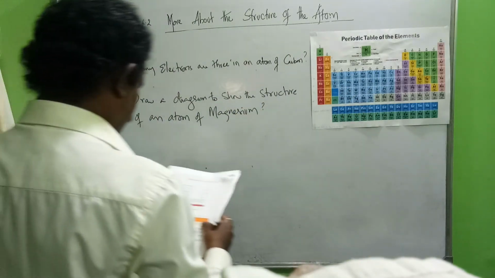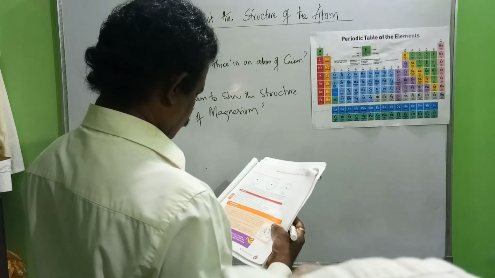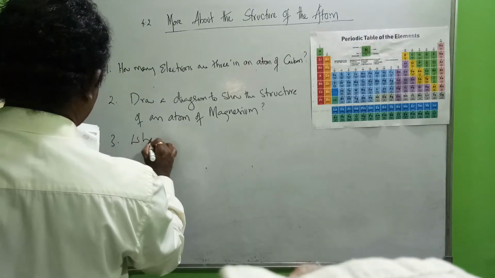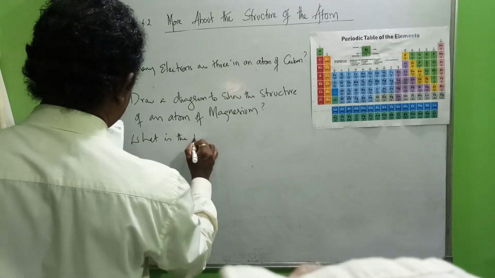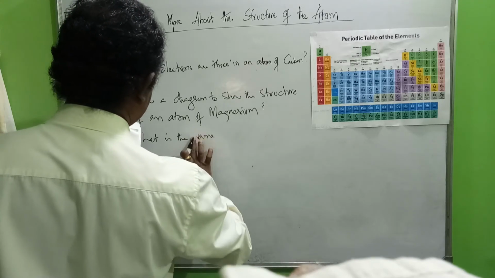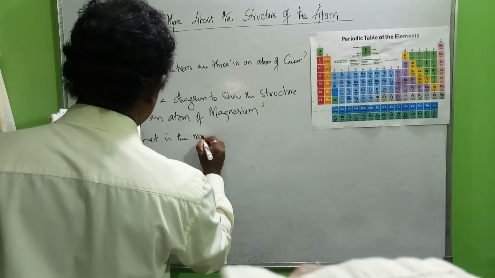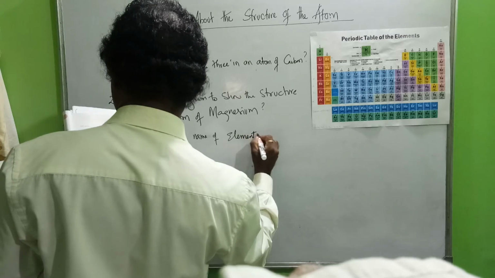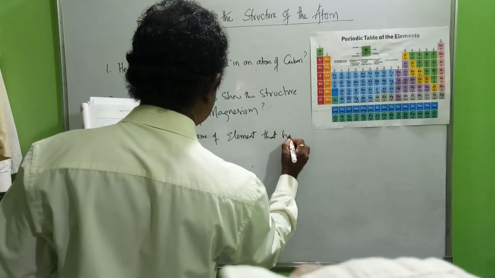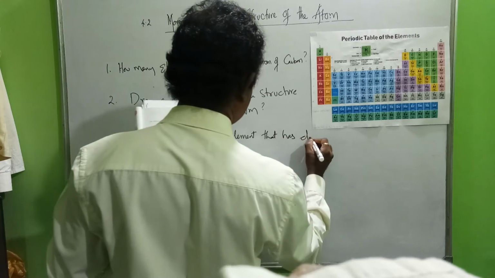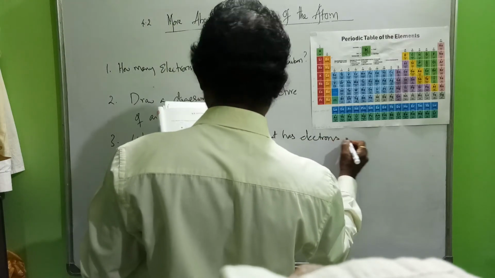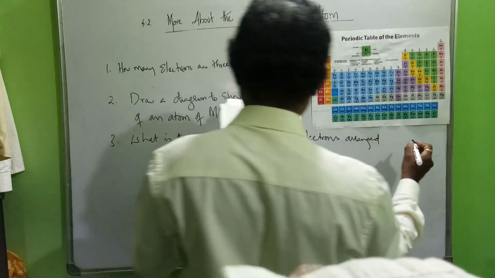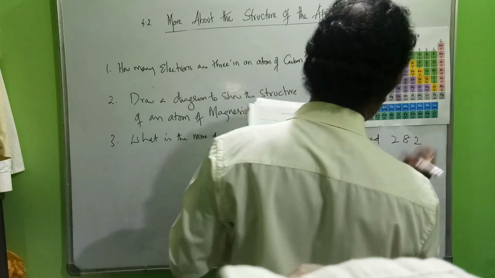Now next, third question: what is the name of the element that has electrons arranged 2, 8, 2?